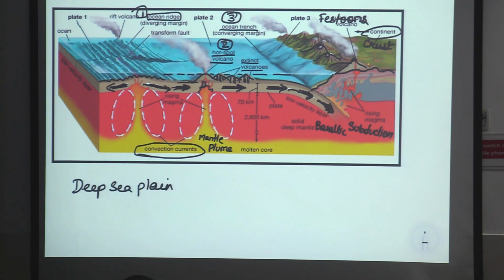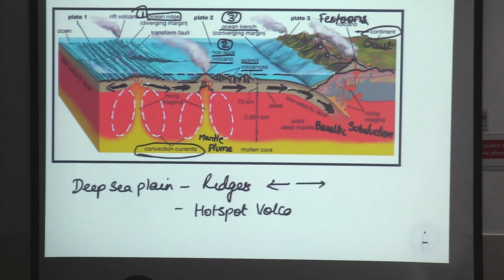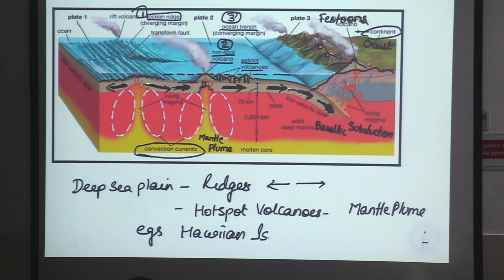Deep sea plain will have ridges at diverging boundary, hotspot volcanoes along mantle plume. Examples: Hawaiian Islands in Pacific Ocean, Reunion Island, Indian Ocean, and added to it.